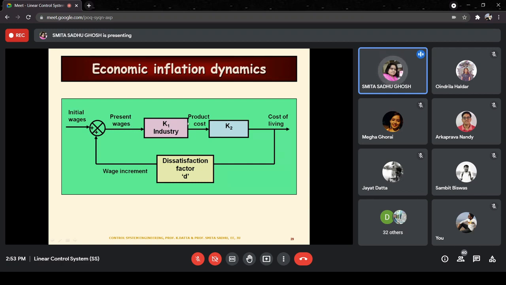So they will do so by increasing the product cost. This is a cycle which goes on and on, meaning that in such a system, if you plot the cost of living versus time, it is going to keep on increasing and increasing and increasing, right?